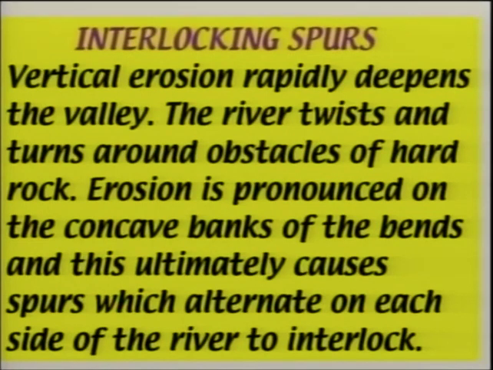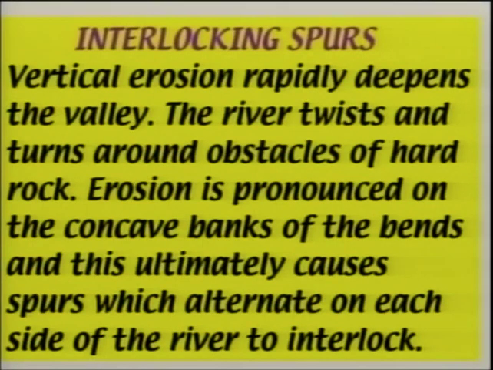Okay, I'll go through that information again. Vertical erosion rapidly deepens the valley. That is in the formation of interlocking spurs. The river twists and turns around obstacles of hard rock.